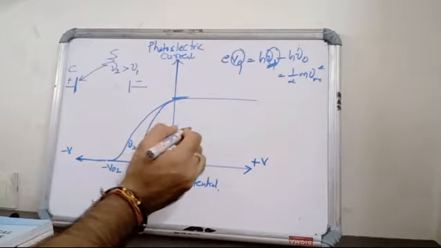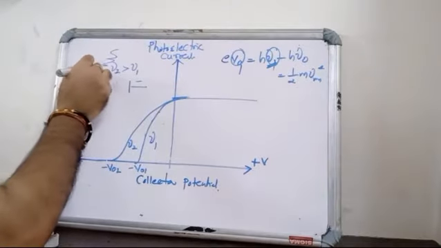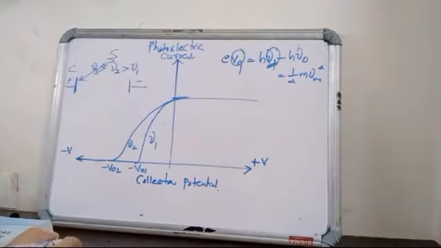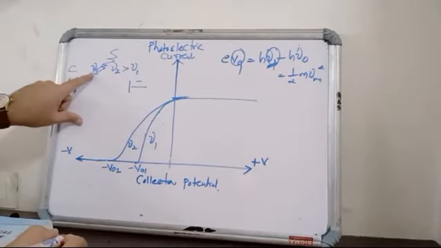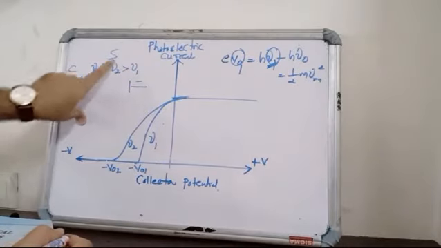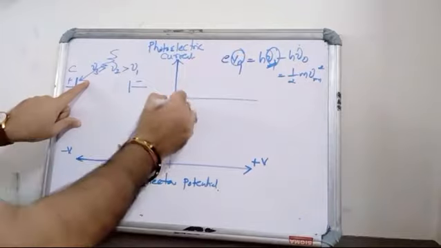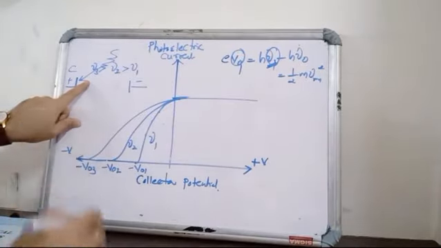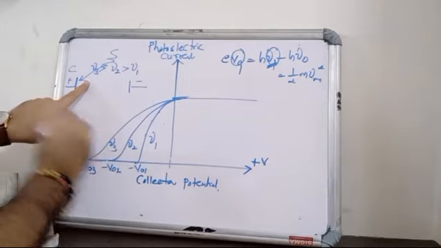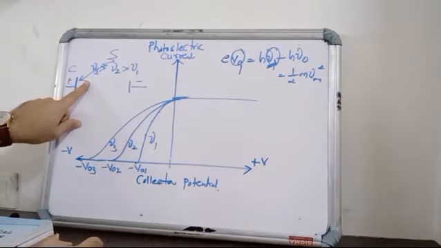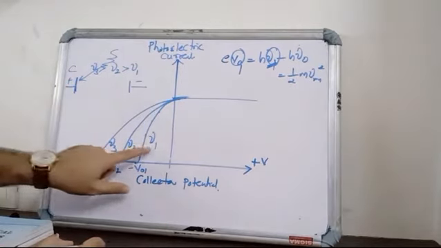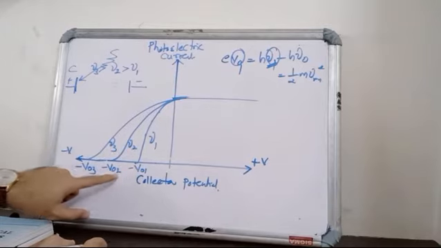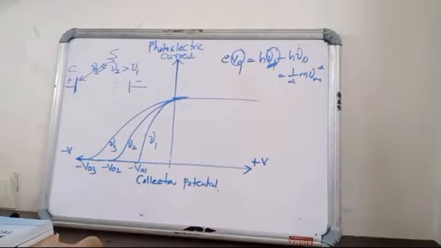And if light of nu3 greater than nu2 greater than nu1 is incident, the stopping potential will again change, it is -V03. So this is the effect of frequency on stopping potential. As frequency changes, stopping potential changes.